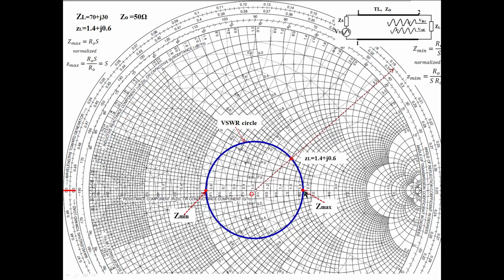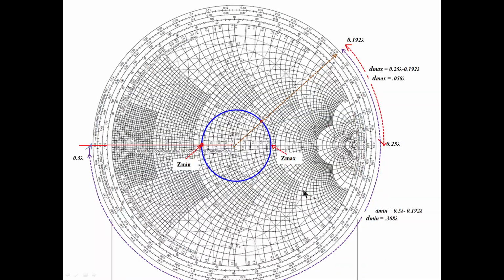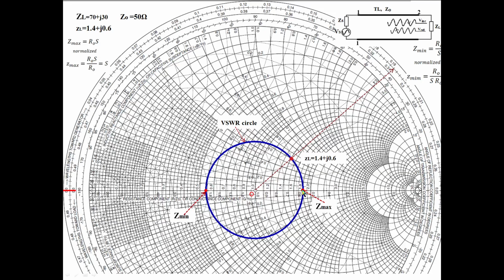The distance is 0.058 lambda. I moved a distance of 0.058 lambda and stopped here. That impedance you can read from the Smith chart: read the reactance value and resistance value at this position.